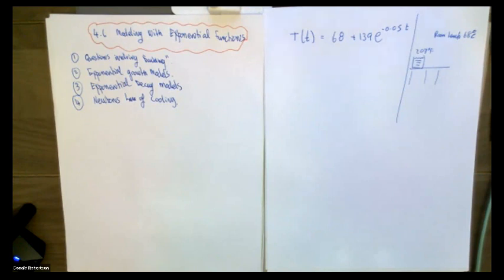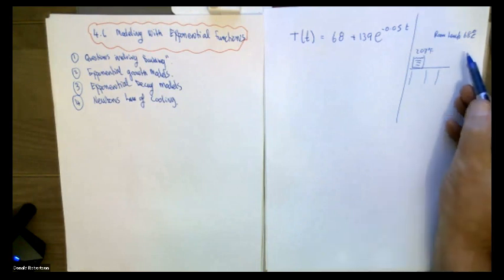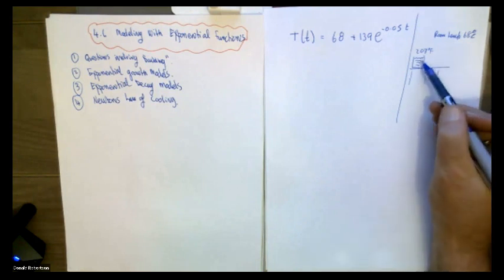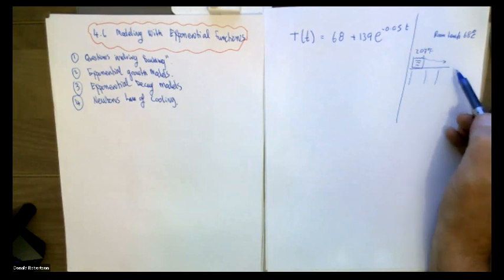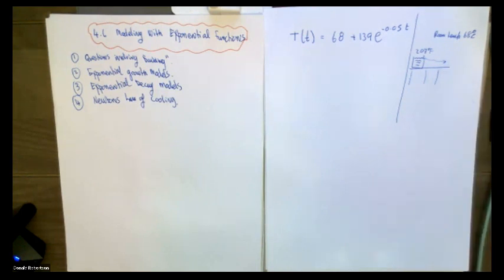And I'm assuming you would like to know, as it cools down, what the temperature would be in 10 minutes, 20 minutes, 50 minutes. When would the temperature get to 80? Now, because the room temperature is 68, this won't keep cooling through time and you end up with a block of ice.